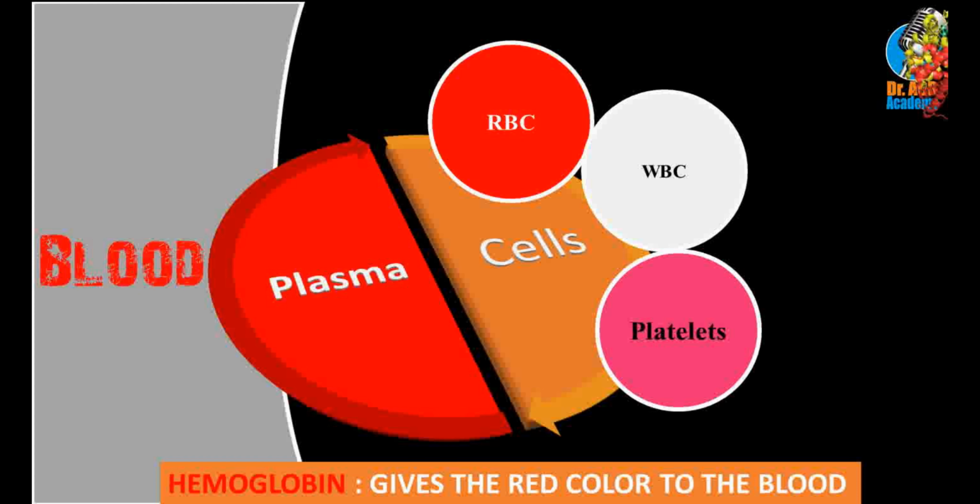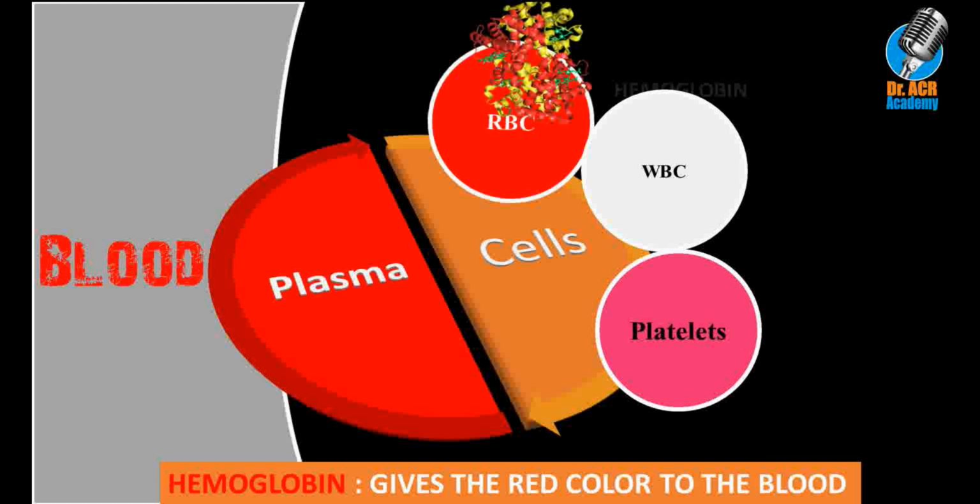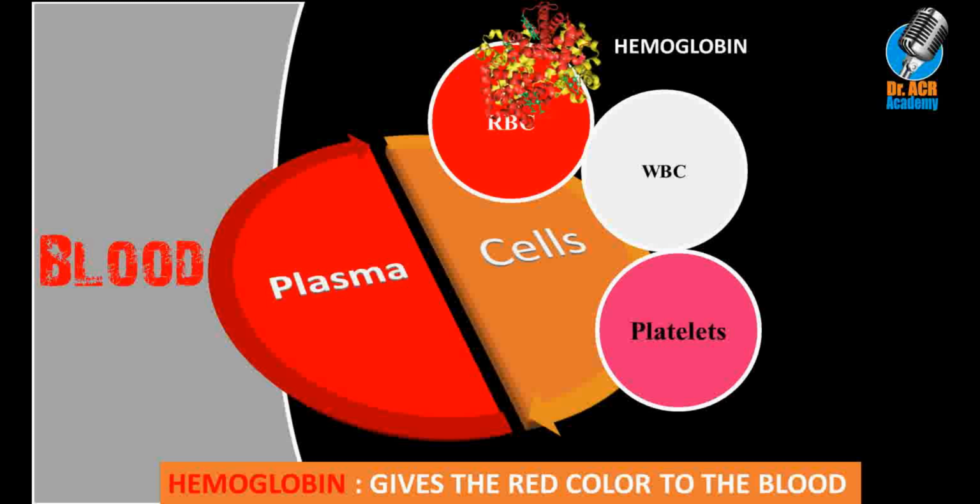On further examination, the red blood cells contain a special pigment called hemoglobin that gives a red color to the blood. So this hemoglobin is responsible for the red color of the blood.